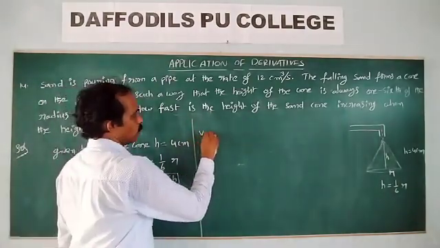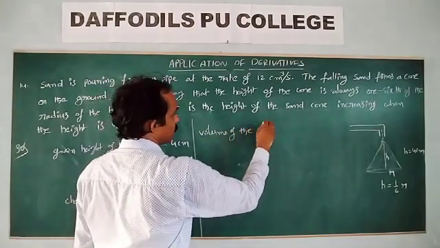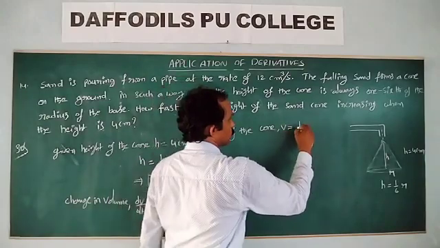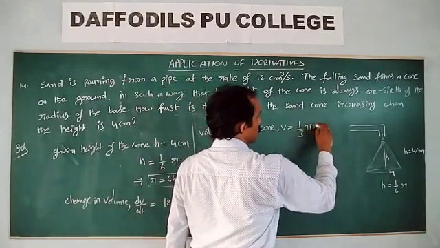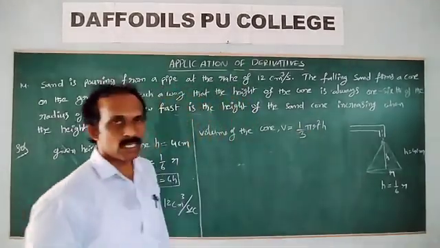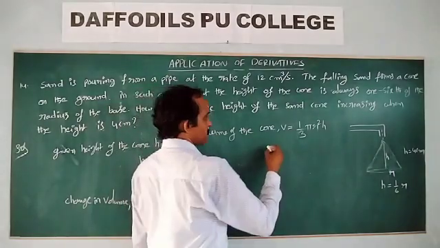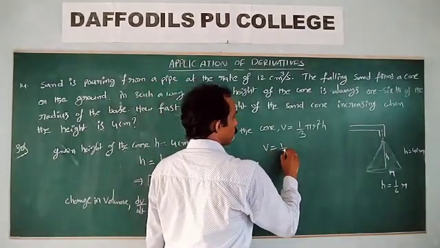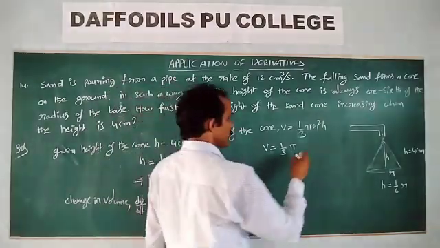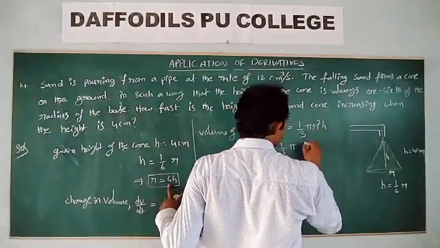First of all, volume of the cone: V is equal to 1/3 pi r square h. Here the variable is height, change in height they ask. In place of r, 6h.